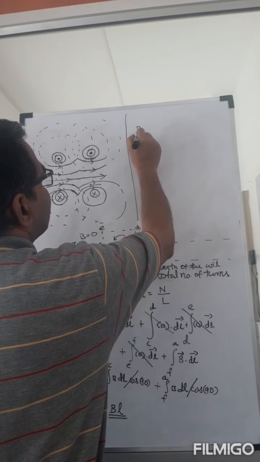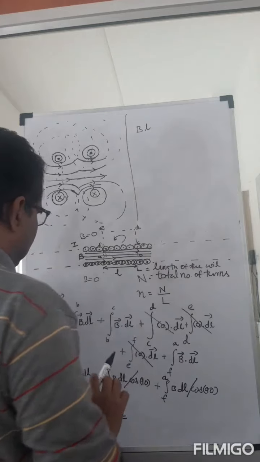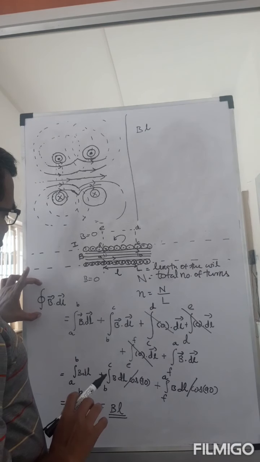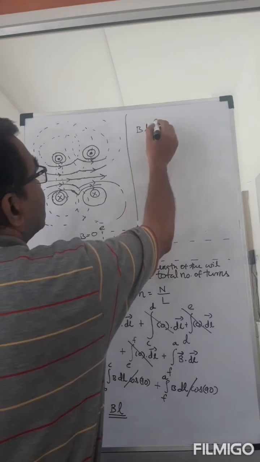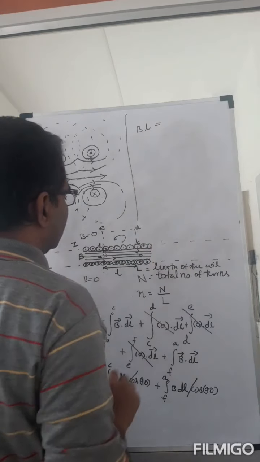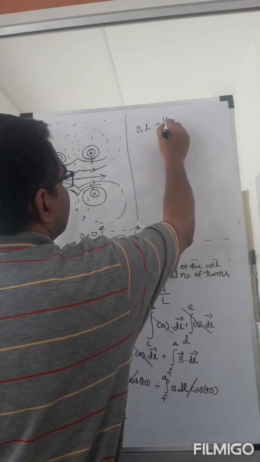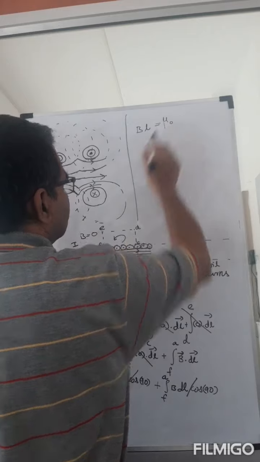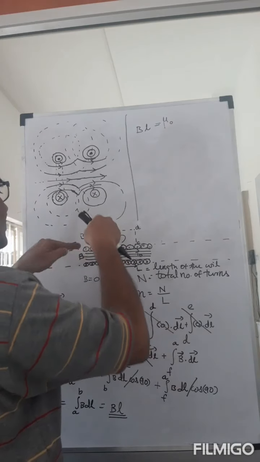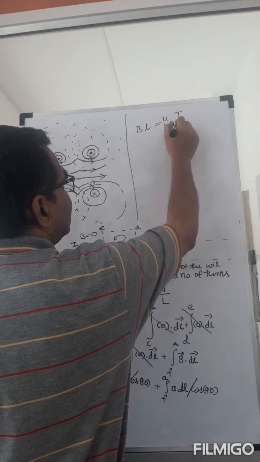So BL, that's this integral, the closed loop integral B dot dl is equal to mu naught into the total amount of current which is piercing through the surface. So I total.